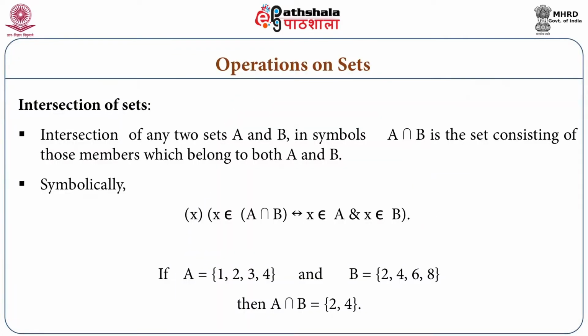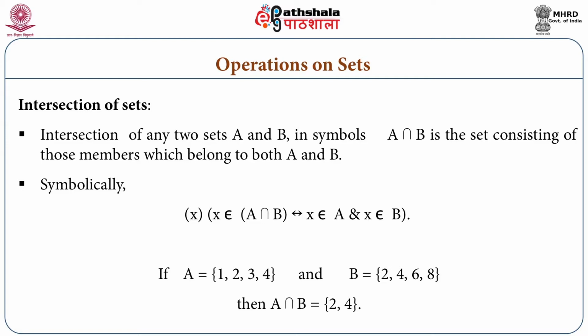So now let us look at an example. Suppose we have a set A having 1, 2, 3, 4, and another set B having members like 2, 4, 6, 8. Keep in mind that every time you list the elements, they should be separated by commas, otherwise there will be confusion.